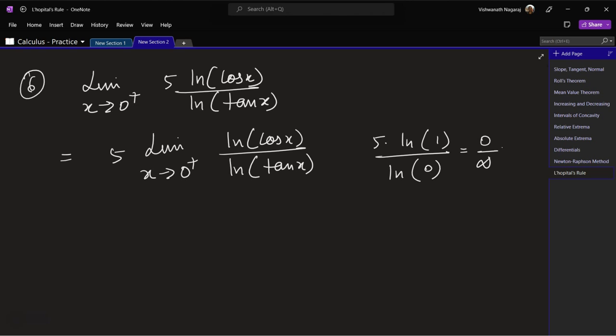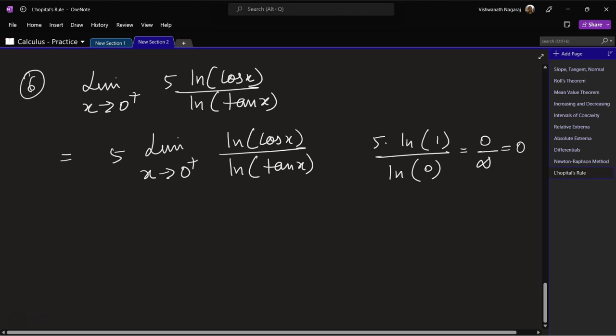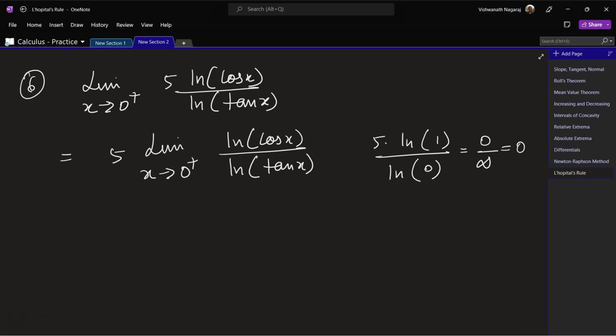And this itself is going to be equal to 0. 0 divided by anything is 0. Moreover it is not one of the indeterminate forms, so this direct substitution itself will work, 5 times 0, which is equal to 0. So 0 is the limit.